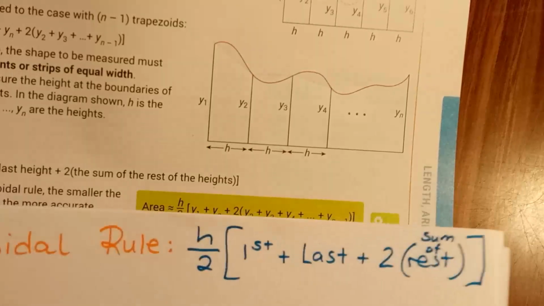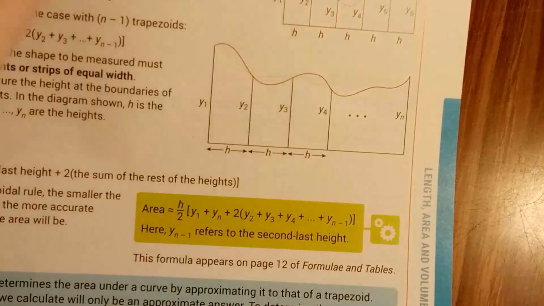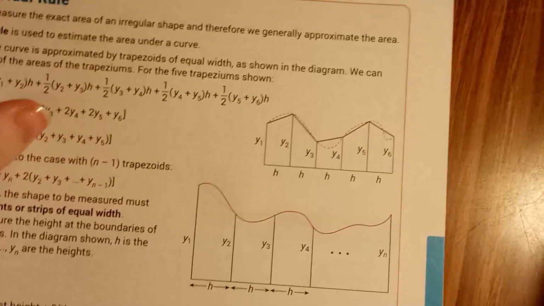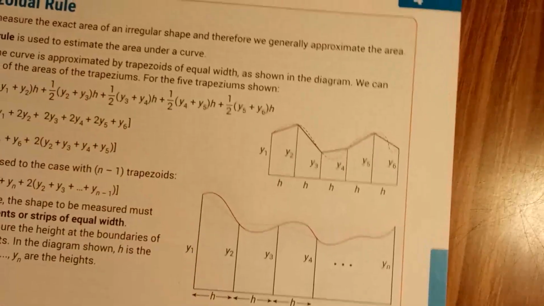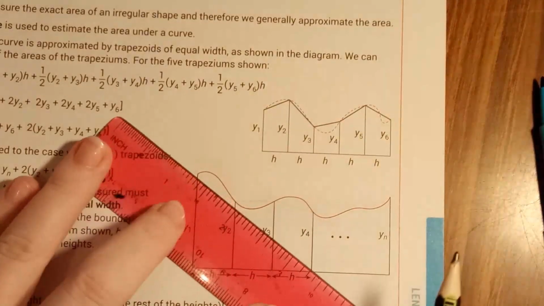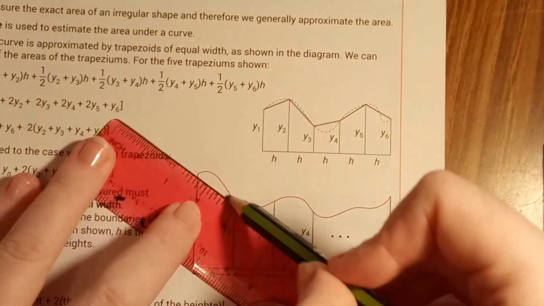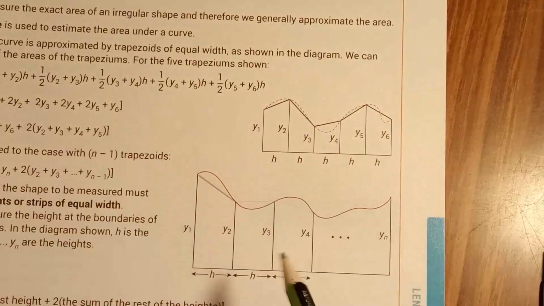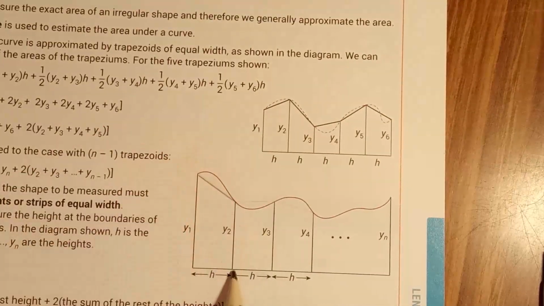With the trapezoidal rule, you are using the heights of the parallel sides of the trapezium, putting them into the trapezium formula and adding them together.